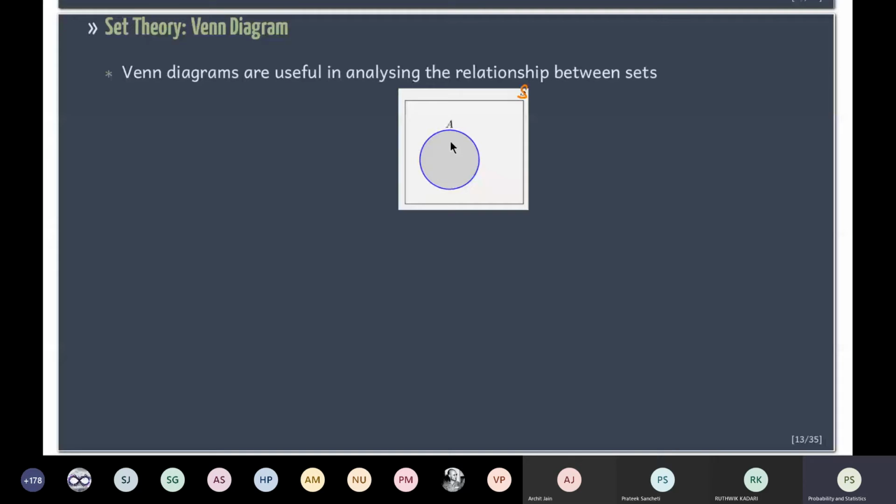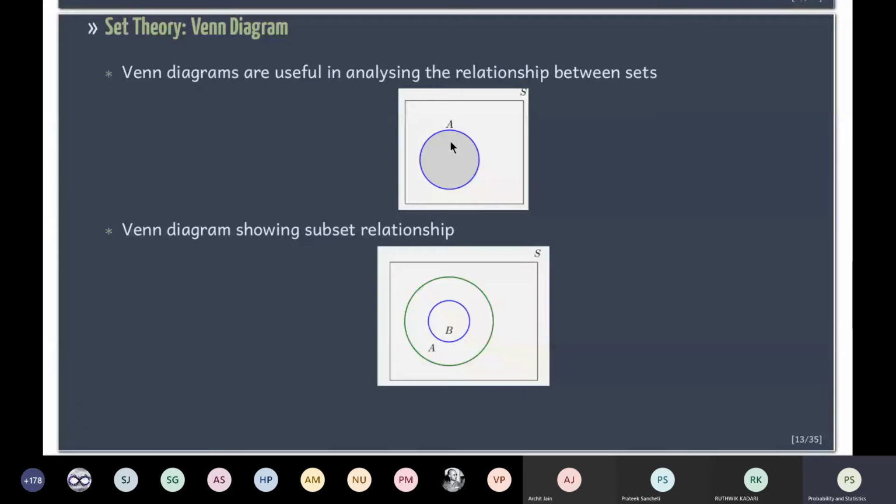A Venn diagram shows a pictorial representation of the relationship of the sets in the universal set. In this case, for instance, the set B is inside the set A, and that tells us that B is a subset of A.